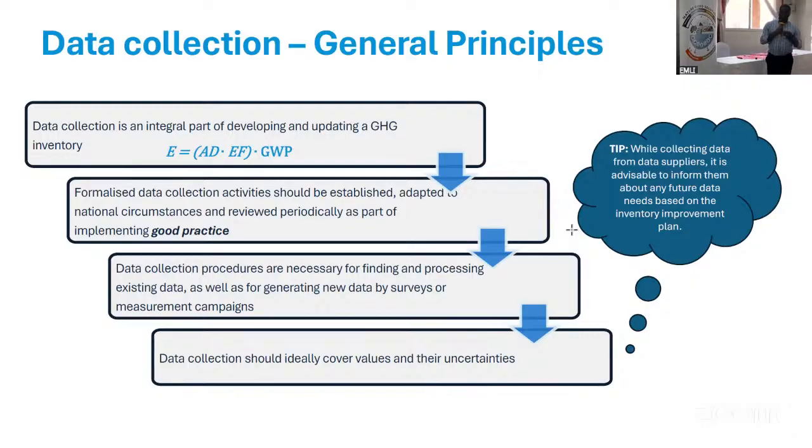And of course, these procedures are necessary for you to process existing data as well as if you need to generate data. There are times where you may have data for 2015, then you have another survey, so you can extrapolate the data so that you have a consistent time series.